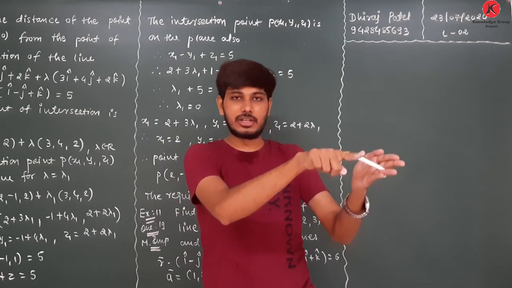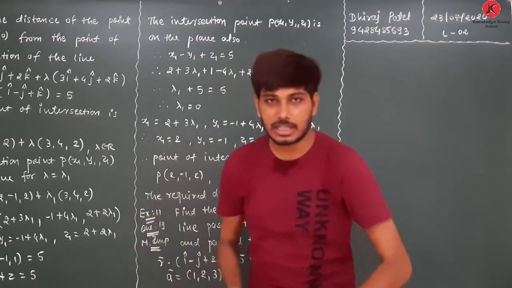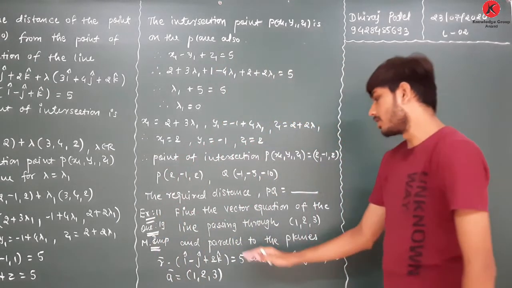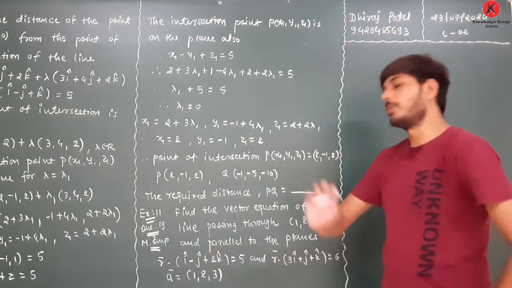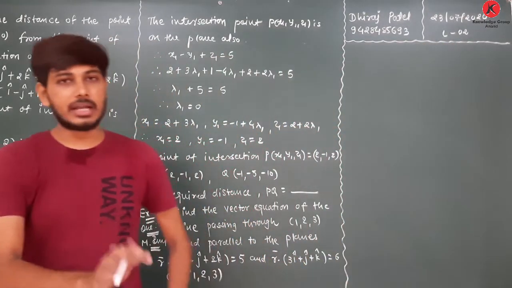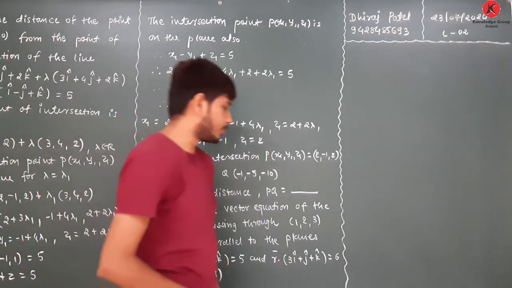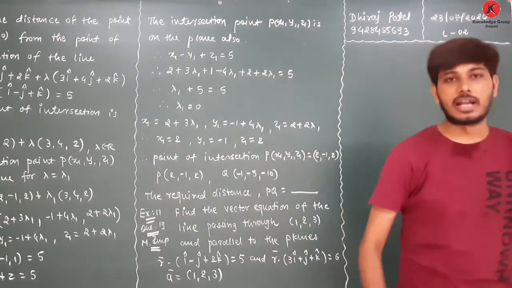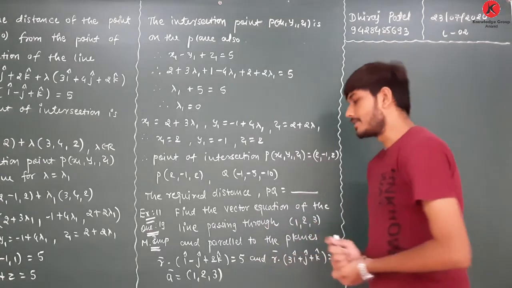That means if your line is parallel to two planes, it is perpendicular to the normals n1 bar as well as n2 bar.